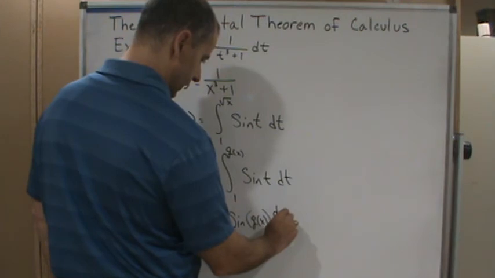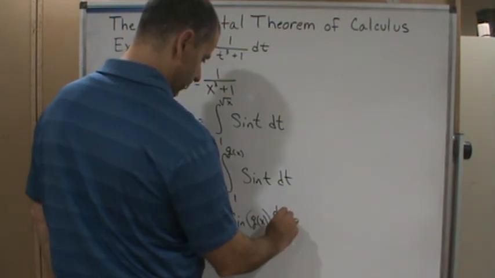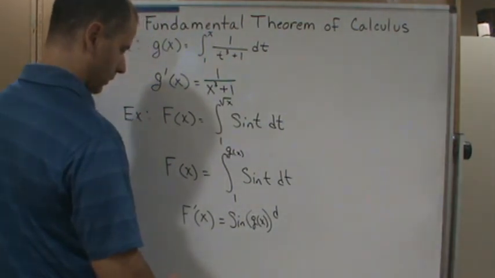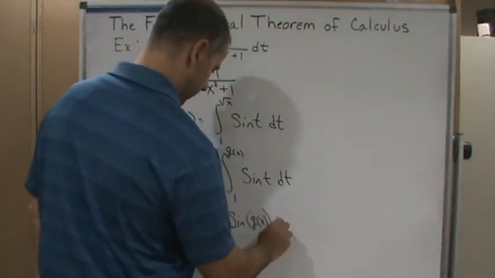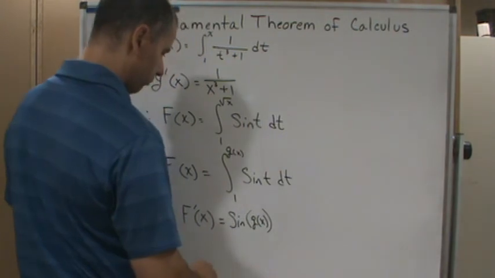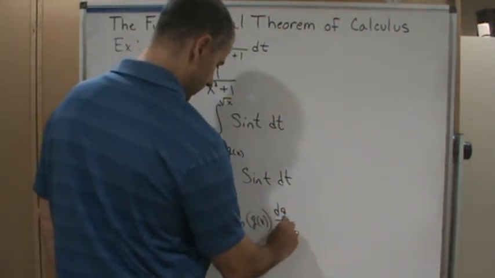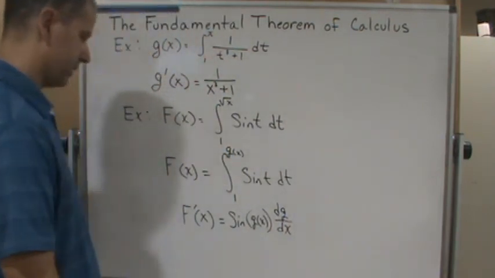So it's going to be, since I'm using functions, it'll be dg dx.